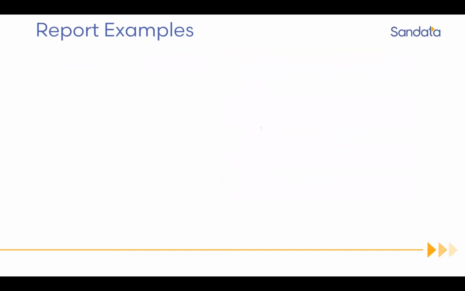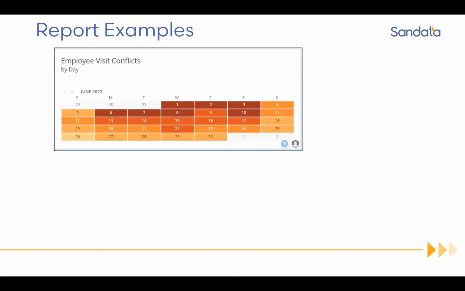A few examples that I pulled directly from our fraud, waste, abuse dashboard. This is a heat map that shows employee conflicts. Again, an employee conflict is where there's evidence that the employee is with two different members at the same time in two different locations.